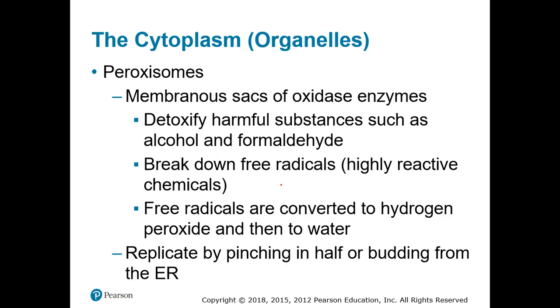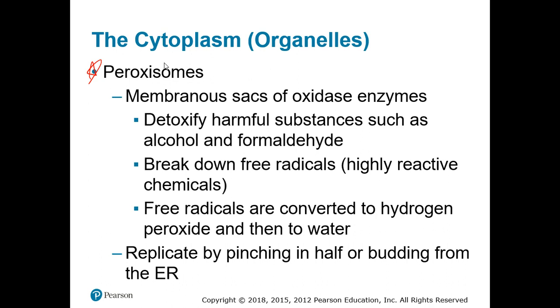Next, we have peroxisomes. I don't think this one is covered in biology, so this is one that might be new. Peroxisomes are membranous sacs that contain something called oxidase enzymes. And their whole function is to help detoxify any harmful substances like alcohol or formaldehyde. It does this through breaking down any free radicals they might have.